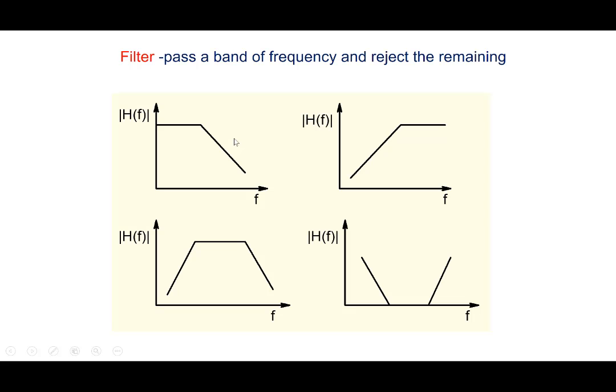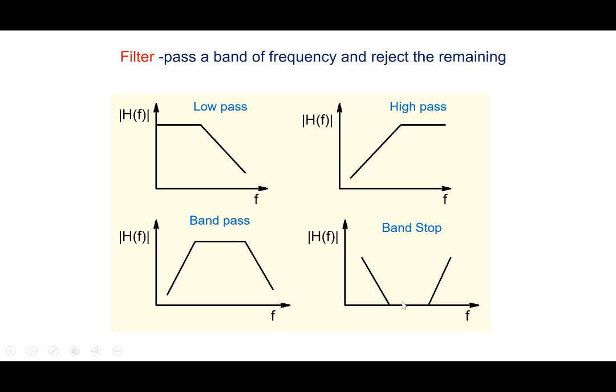All right, so we've been talking about filters, and these are 4 broad classes of filters. We are plotting the magnitude of the transfer function as a function of frequency. So we could have a qualitative behavior like this, where it's obvious that it's passing low frequencies and attenuating higher ones, so we would call it a low pass filter. This one is passing higher frequencies, rejecting lower frequencies, so we would call it a high pass filter. And we just discussed this one, which passes a band of frequencies, rejecting lower and rejecting higher, so we call it a band pass filter.